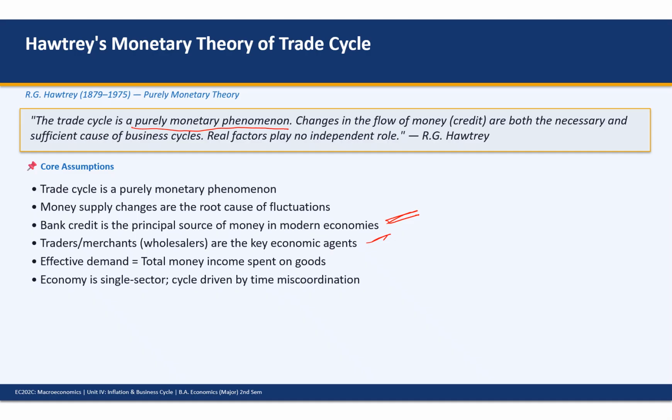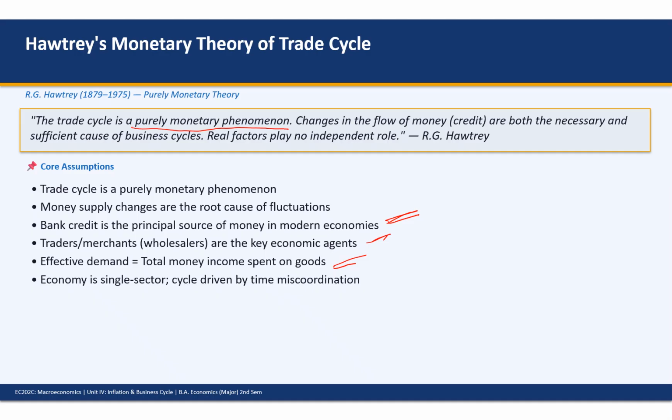This increases income, spending, and effective demand. As demand rises further, prices rise, profits increase, and optimism spreads. This optimism encourages still more borrowing and credit expansion.